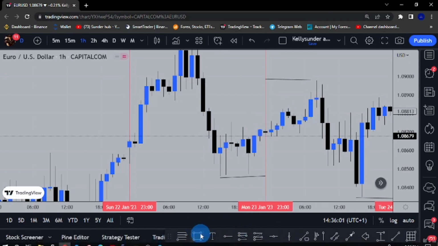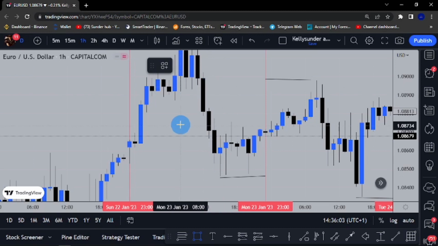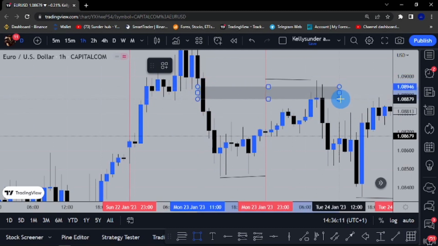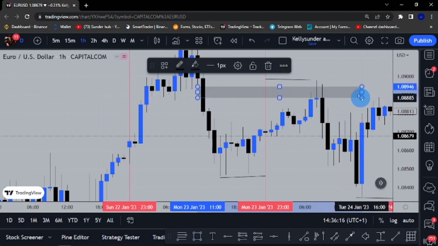Or you can even just wait, because now price has broken structure. This is a break of structure on the hourly time frame, and it has probably formed a displacement. So it's left for you to capitalize on these displacements you have seen.